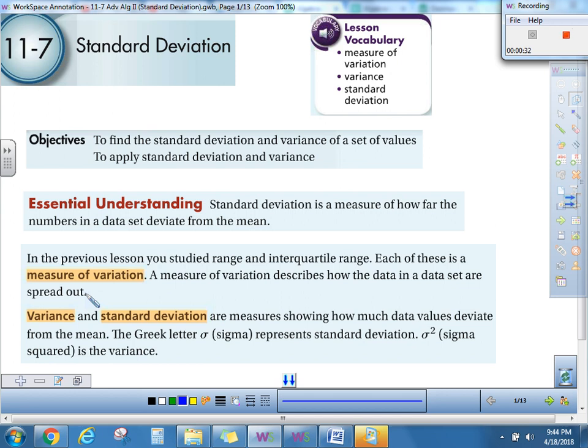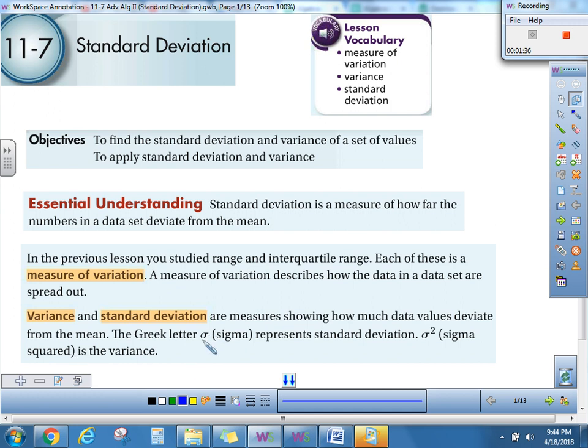That's an example of when we're talking about variation, how far your data set deviates from whatever your mean is. It's talking about spread, how far it's spread out. Variance is a measure for that, and so is standard deviation. They tell you how far your data values deviate from your mean, how far they're spread out from your mean.